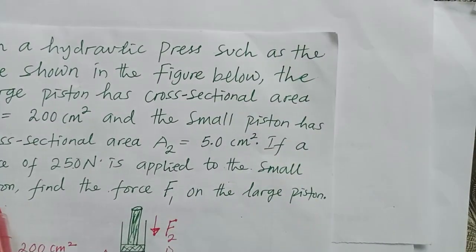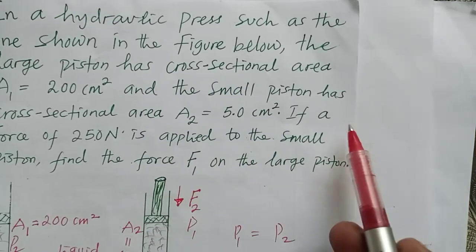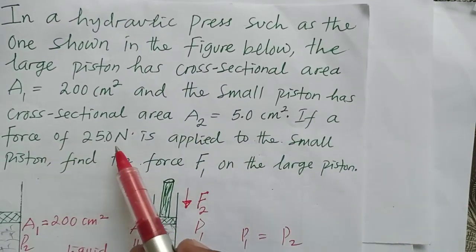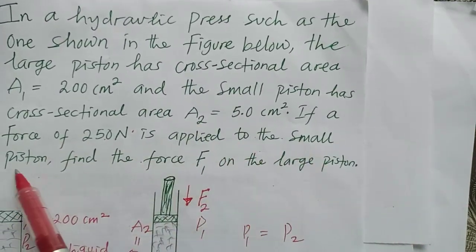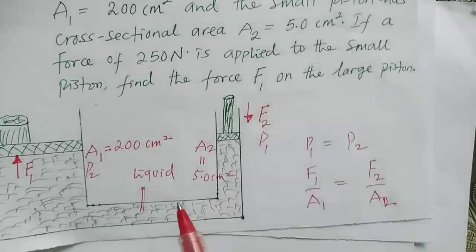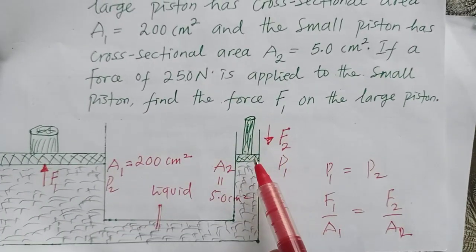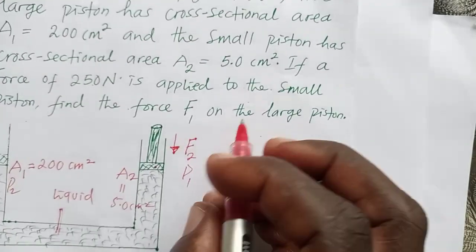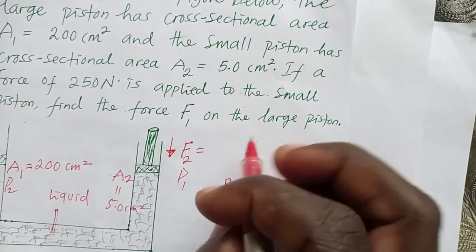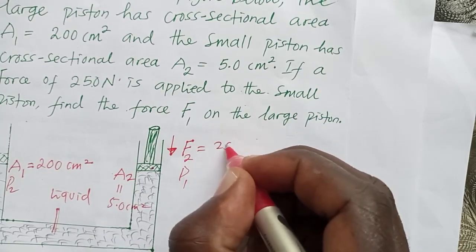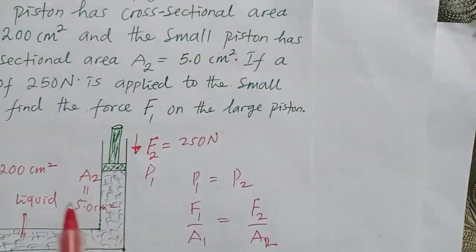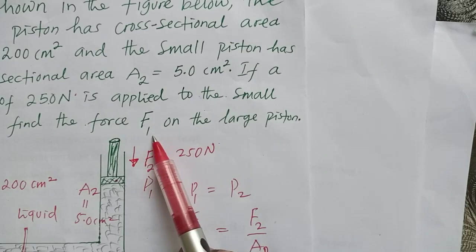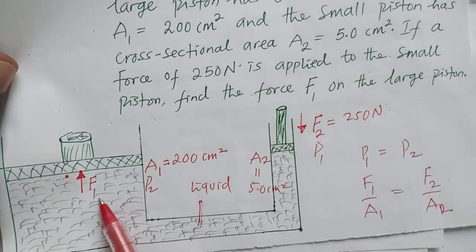They said if a force of 250 Newton is applied to the small piston, you see the forces are two. You have the one on the small piston, you have another one on the large piston. The one on the small piston is your F2, so your F2 is 250 Newton. Find the force F1 on the large piston. So find F1.